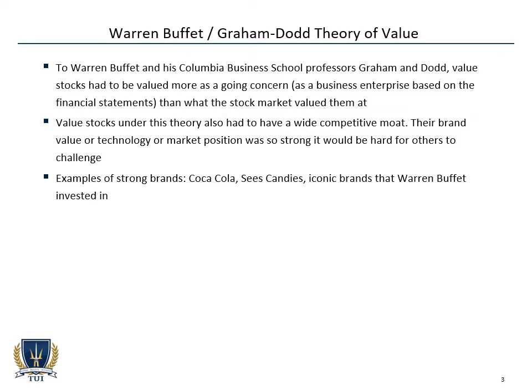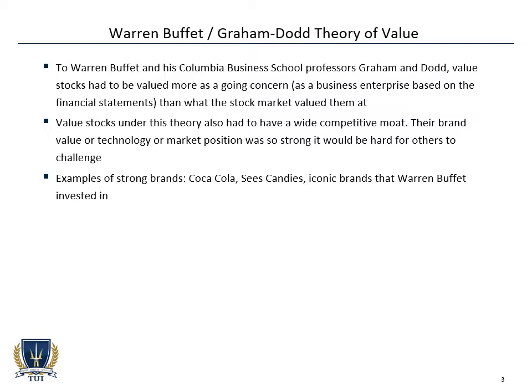Now, to Warren Buffett and his Columbia Business School professors Graham and Dodd, value stocks had to be valued more as a going concern, as a business enterprise based on the financial statements, than as what the stock market valued them at. So they actually took a stock and valued it as a business using business valuation methods, using accounting and finance methods for valuing a business as a series of discounted cash flows, kind of like the way we were learning in this class how to value a bond.